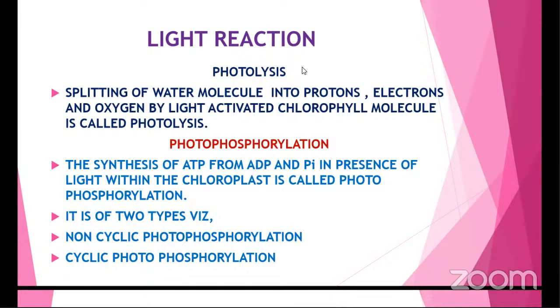This oxygen will be released as a byproduct, and the protons released by this photolysis are transferred to reduce NADP plus into NADPH and H. So that is the importance of photolysis. In photolysis, one water molecule splits into a proton, an electron and an oxygen.